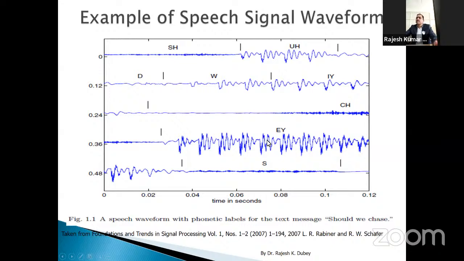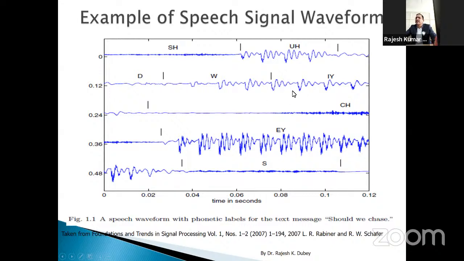So from this pattern, once we draw the speech signal at the phoneme level, we can see in this example voiced sound and unvoiced sound. Unvoiced sound looks like noise with smaller magnitude, and voiced sound, vowel sound, has high magnitude and is quasi-periodic.